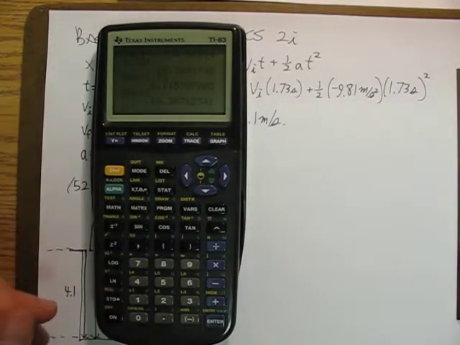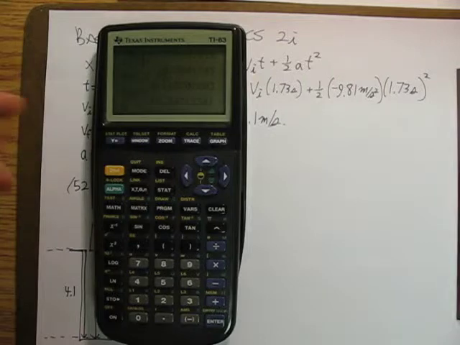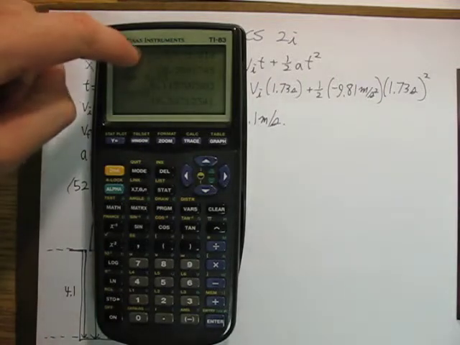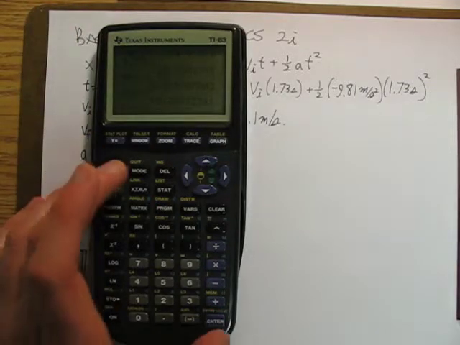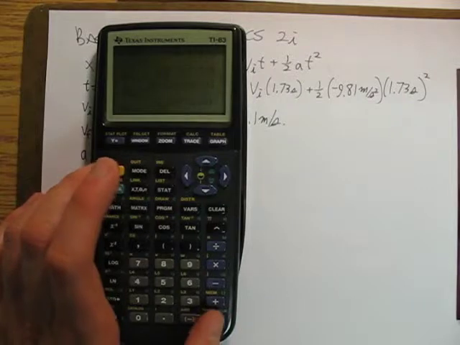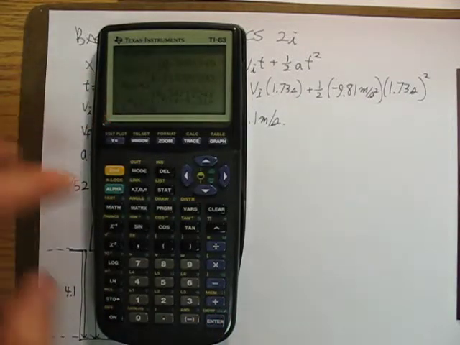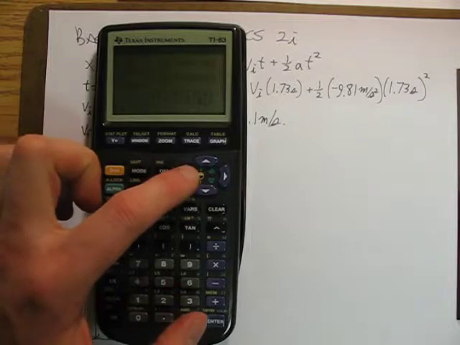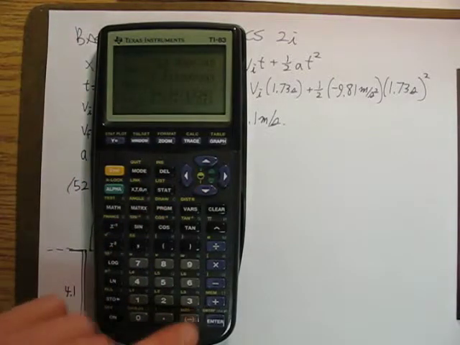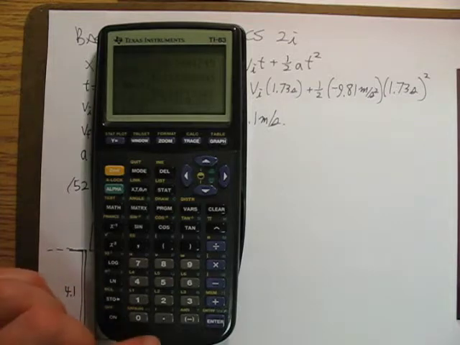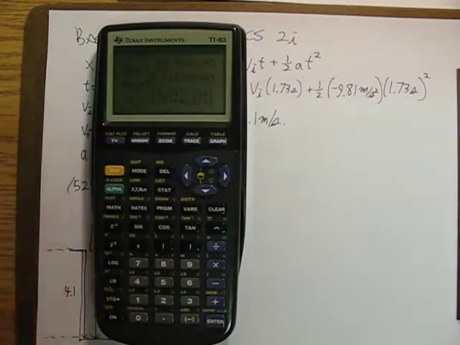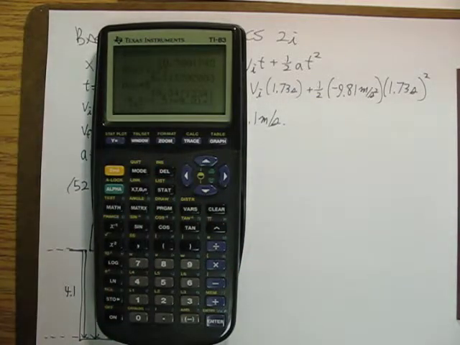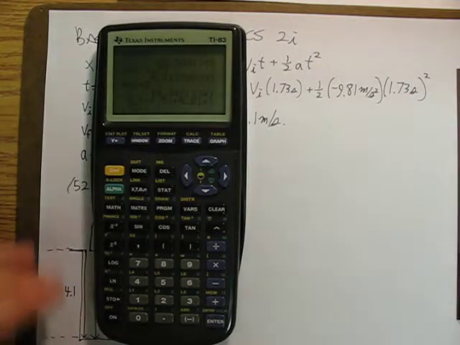Also, if I make a mistake in an earlier calculation, suppose I want to bring that back, I can do second enter, and if I keep doing second enter, that will eventually pop up, and then I can go back and edit it. So if I want to make that a positive, I can just delete that out. I don't really have enough time to talk about that right now, but we'll get into that more as we go along.